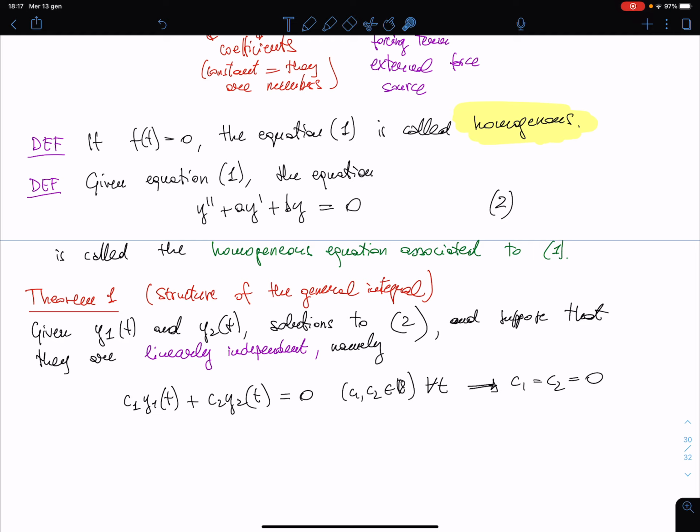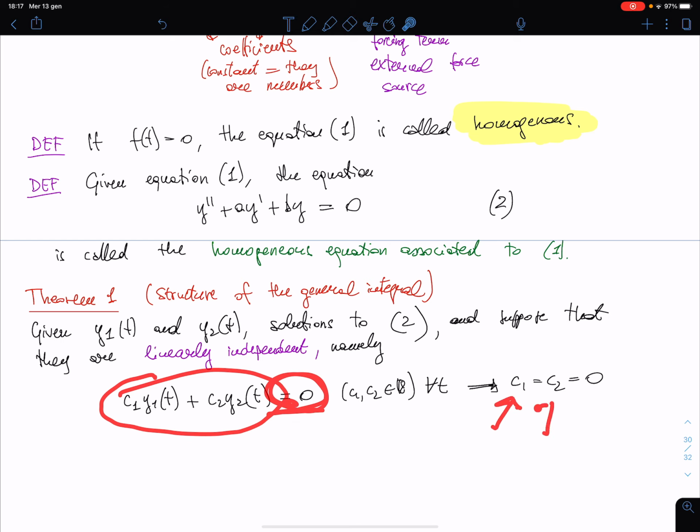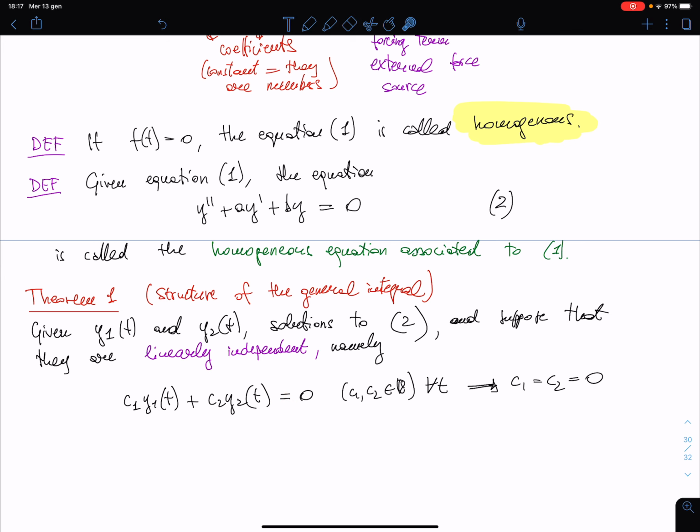So linearly independent means that the only way to combine the two solutions just by multiplication by numbers and sums, in such a way that the result is 0, is to choose C1 and C2 equal to 0.